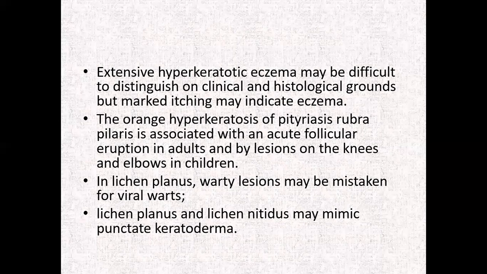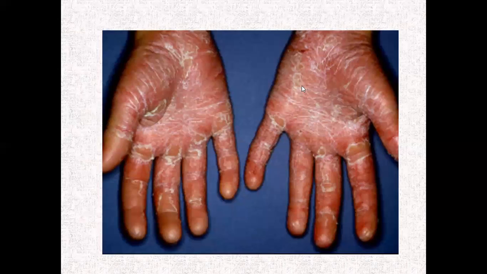Then the orange hyperkeratosis of pityriasis rubra pilaris is associated with other findings, that is the acute follicular eruption and areas of sparing on the skin. This characteristic orange color is seen in diffuse palmoplantar keratodermas of pityriasis rubra pilaris.